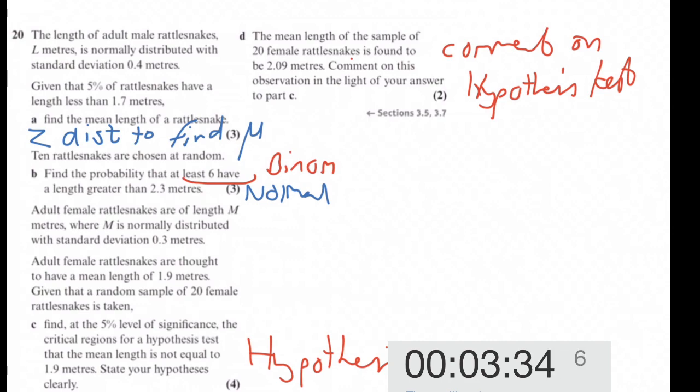Yeah, Regan's got the right answer to A. Yeah, part B is the one, Regan.